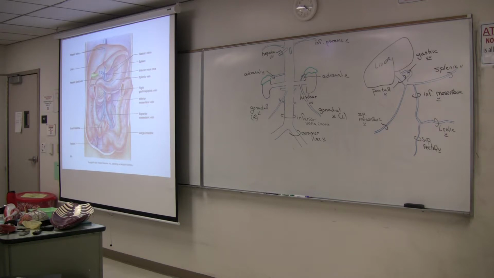With the gastric vein, it's gastric vein, portal vein. So instead of going into the aorta, we go to the portal vein, to the liver, to the hepatic vein, and then to the inferior vena cava.